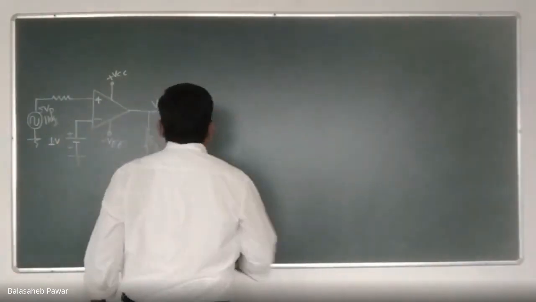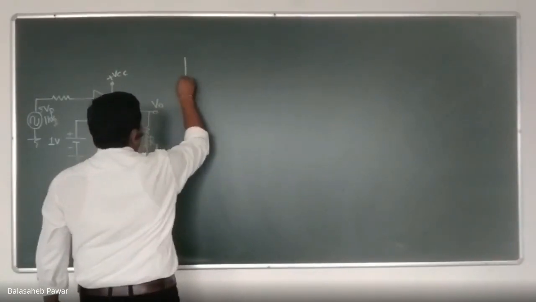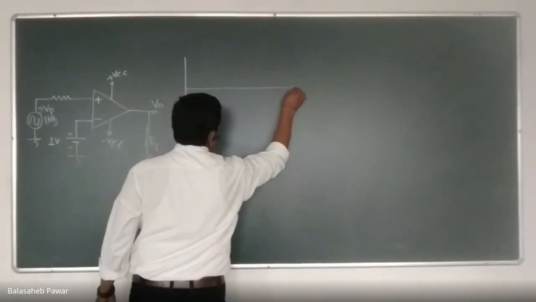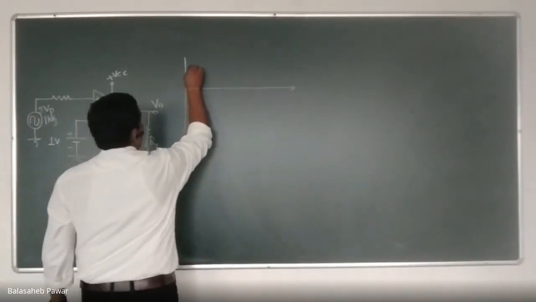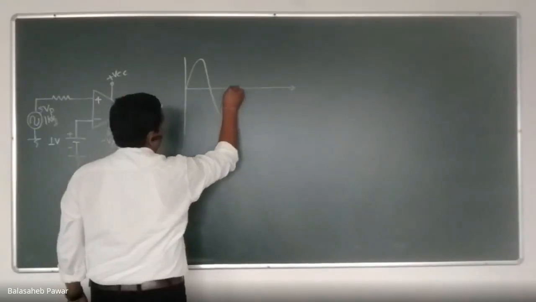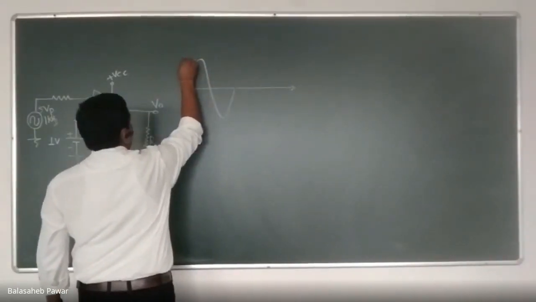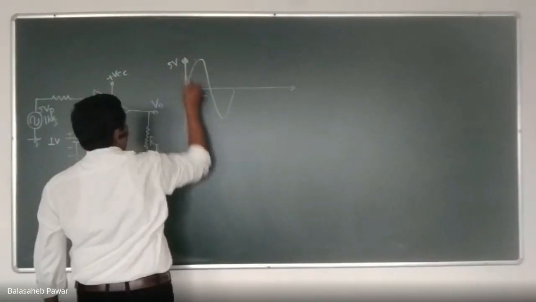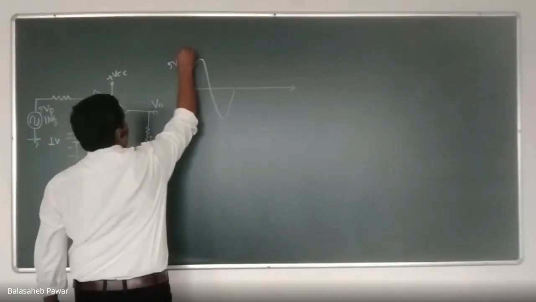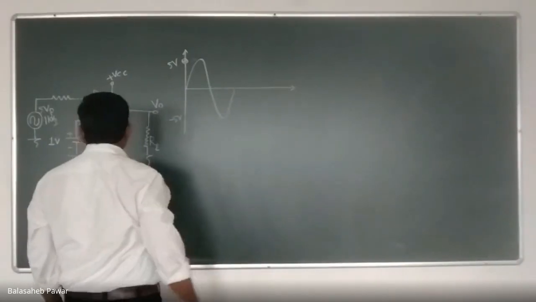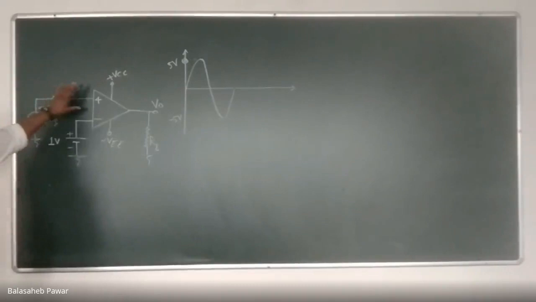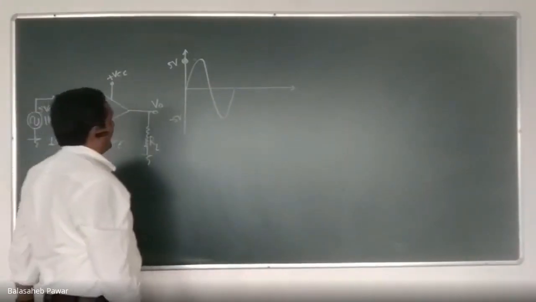Correct? So first of all, I will show those signals. First, I will show the sine wave of 5 volt peak. This is 5 volts, and this one is minus 5 volts. And the frequency is 1 kilohertz. This is my first signal, which is applied to the non-inverting terminal of the op-amp.